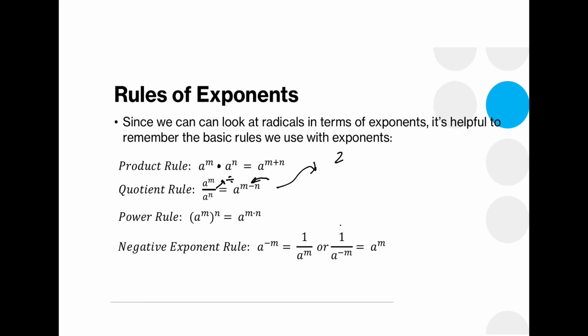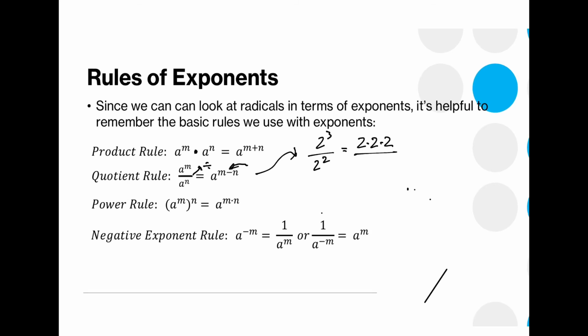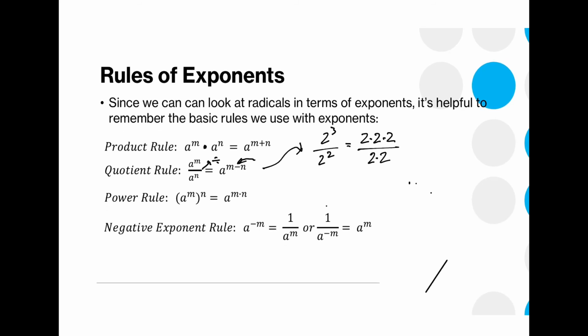So if I have 2 cubed divided by 2 squared, for example, keep in mind that 2 cubed is 2 times itself 3 times, and 2 squared is 2 times itself 2 times. And we see that within this fraction we have similar bases. And so those can all cancel out.